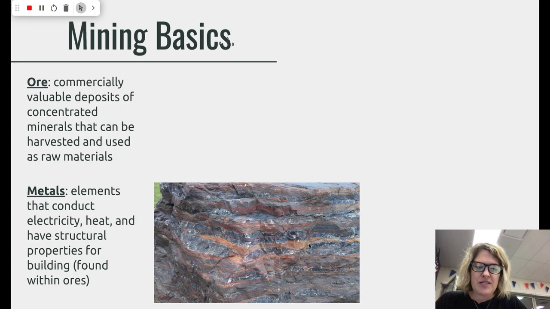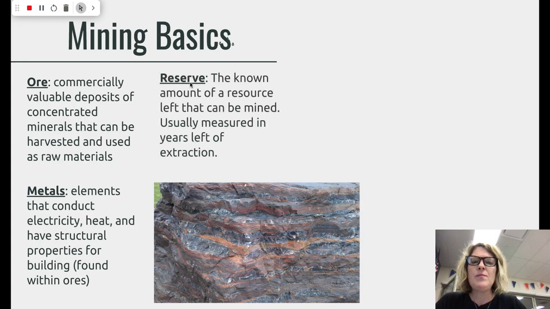Okay, and so you can see here, this is what we are going to be mining through this rock. This rock is full of different elements, either metallic elements or a combination of metallic elements that we call ore. A reserve, this is the known amount of a resource that's left that can be mined.